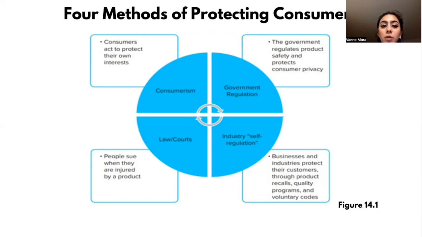This is when people sue when they have been injured by a product. And then we have industry self-regulation. This is when businesses and industries protect their consumers through product recalls, quality programs, and voluntary codes. These methods work together to ensure consumers are safe, informed, and treated fairly.